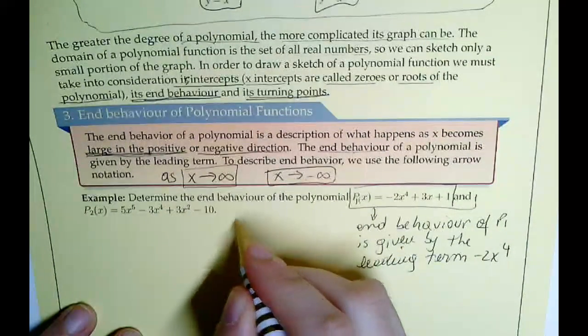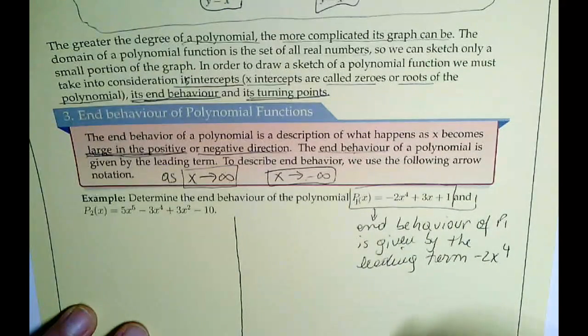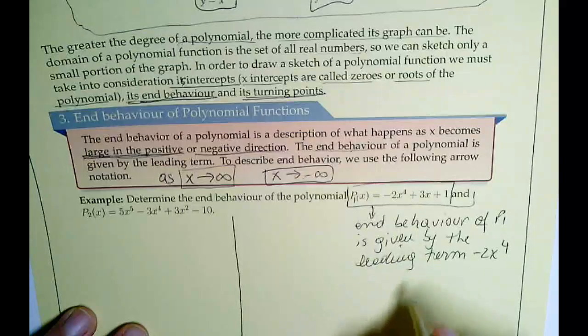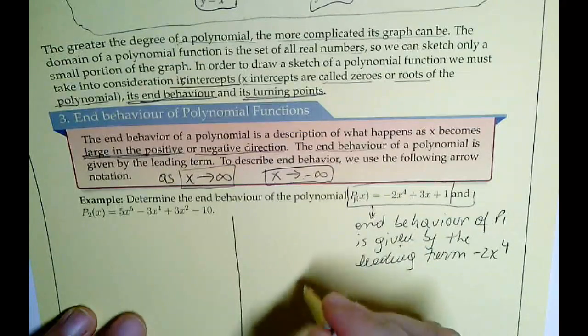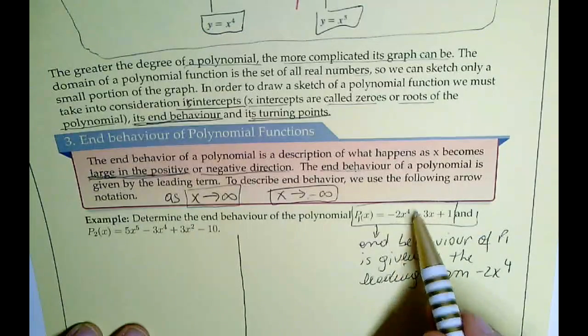If I let x go to infinity and x go to negative infinity, it is going to behave like negative 2x to the fourth.